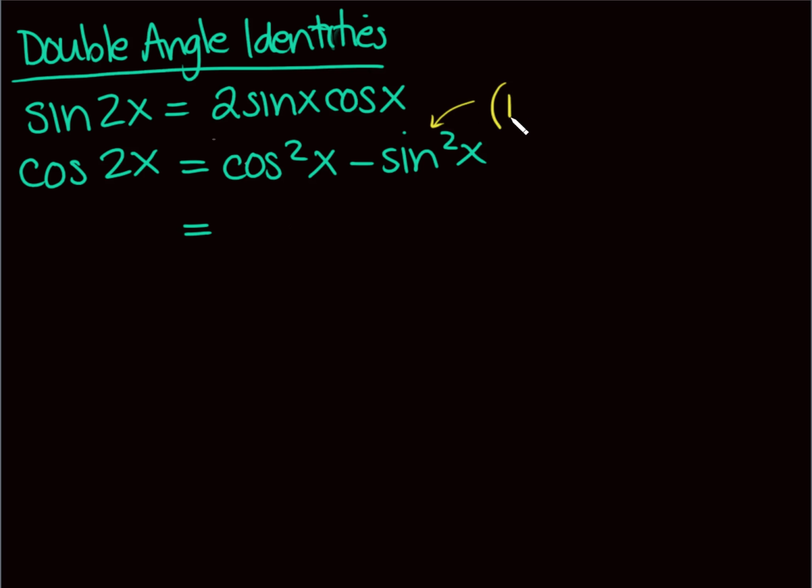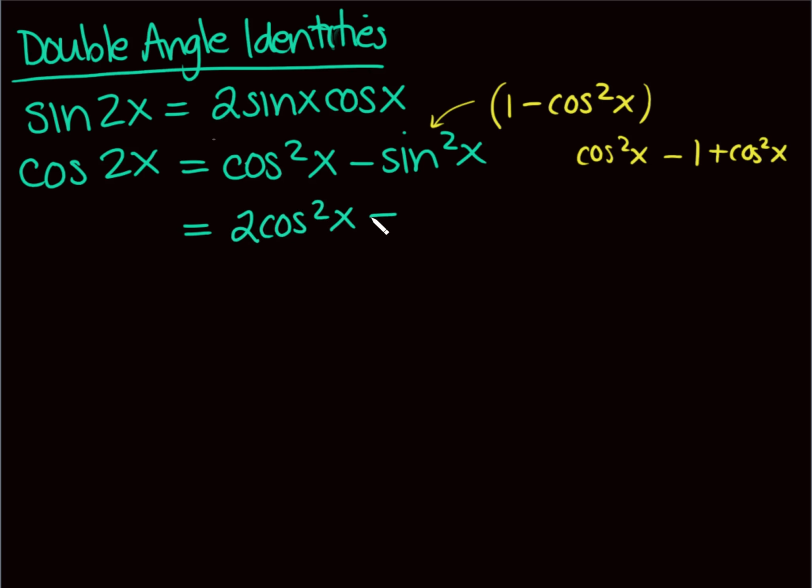I know that sine squared of x is 1 minus cosine squared from the Pythagorean identities, and I would be taking that negative through, so I'd have cosine squared x minus 1 plus cosine squared x. If I replace that sine squared with it, what would I get? I would get 2 cosine squared minus 1.